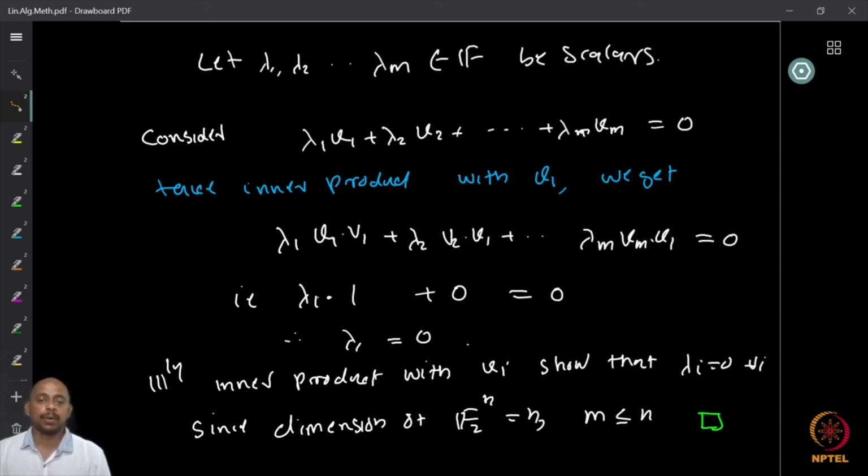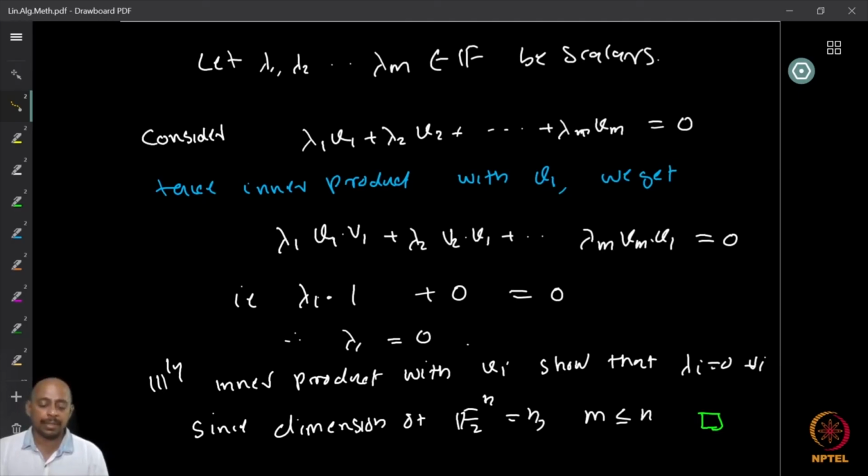Now v2 dot v1, because these are two different clubs, the incidence vectors share an even number of ones, and therefore they will sum to 0 under the field F2. So for every other term you will get 0. Therefore lambda 1 times 1 is equal to 0, so lambda 1 must be 0.